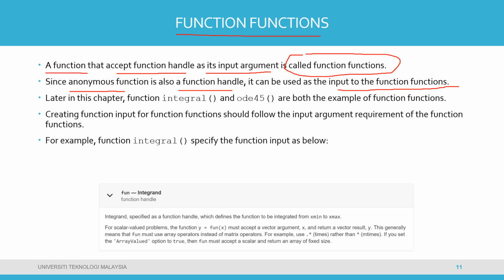Later in this chapter, integral and ODE are both examples of functions. Creating a function input should follow the input argument required for the function. For example, here the function integral is specified for the function input as below. I will show you an example so you will understand more what it is.